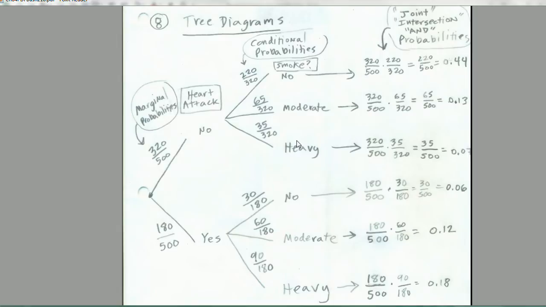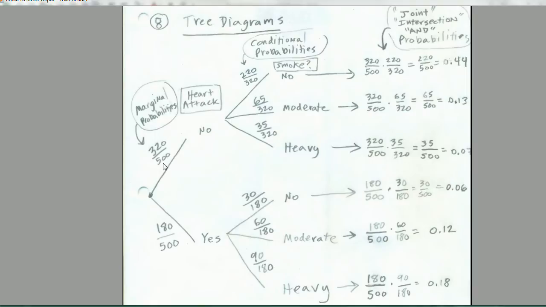Now, earlier in this chapter, we talked about outcomes. Notice there's 2 outcomes here, no or yes. Once we get to no or yes, then we have 1, 2, 3. So we could calculate the total number of outcomes: 2 times 3, that would be 6. But notice that here, once we get to no, the original count was 500.